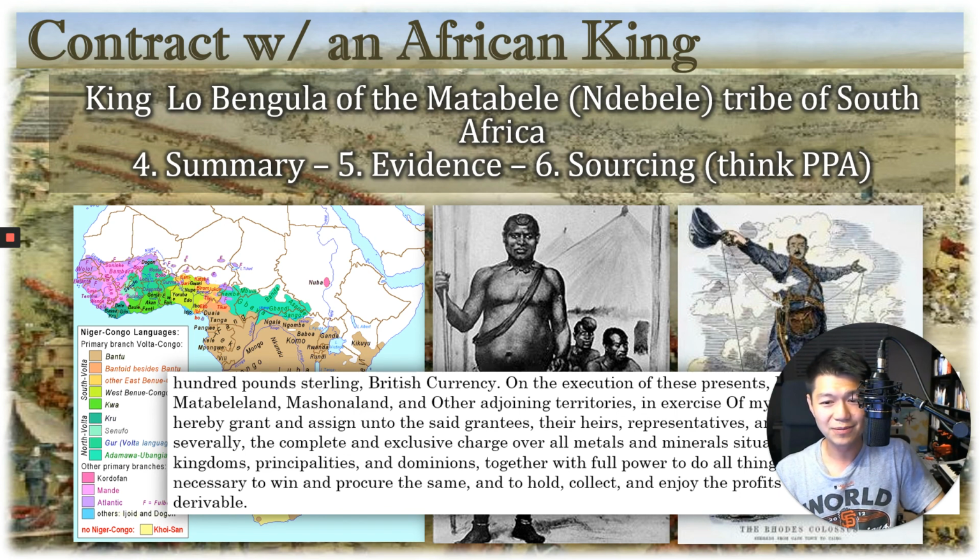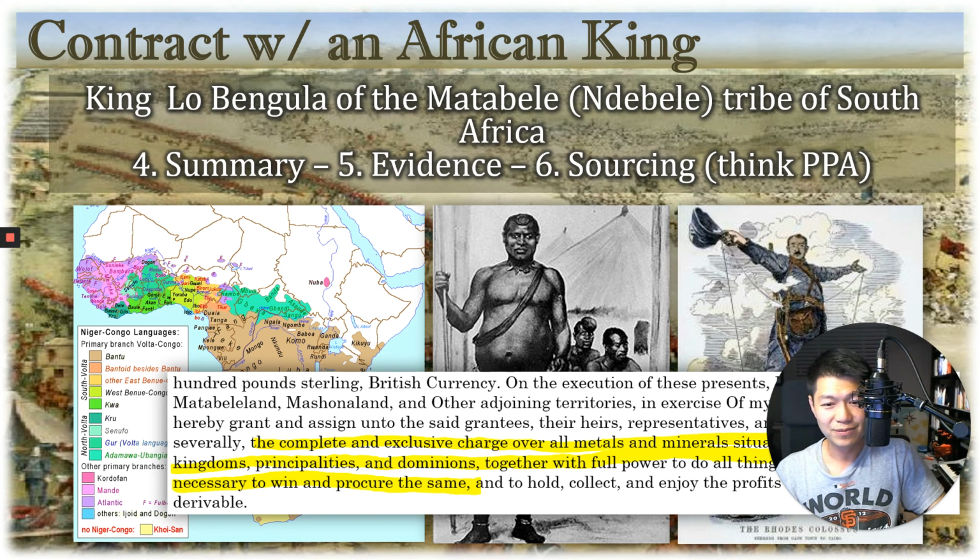He gives the complete and exclusive charge over all metals and minerals situated and contained in my kingdoms, principalities, dominions, together with full power to do all things that they deem, and here's the key part, necessary to win and procure the same. Let me underline this part once again here.